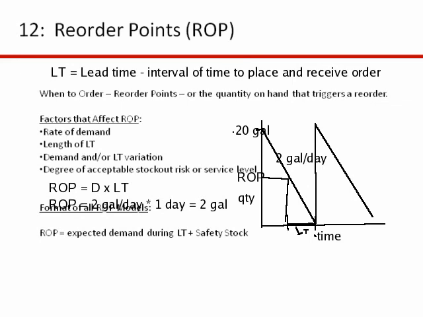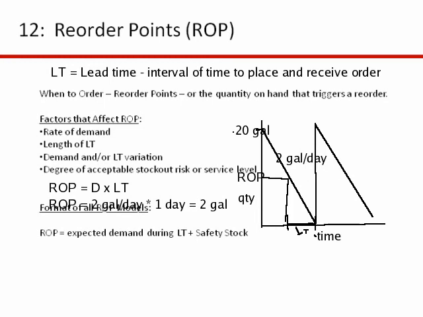If I buy my 20 gallons of milk, after the first day it's 18, after the next day it's 16. I'm monitoring what I have on hand, and when I get down to 2 gallons, that is my reorder point. That means I have to go and buy 20 more gallons, because if I don't, I'm going to run out. That's what the reorder point is.